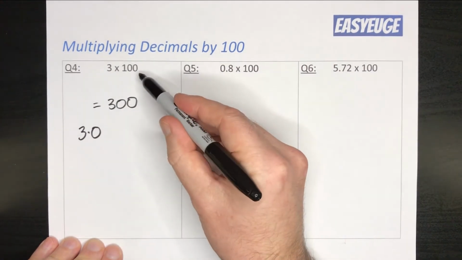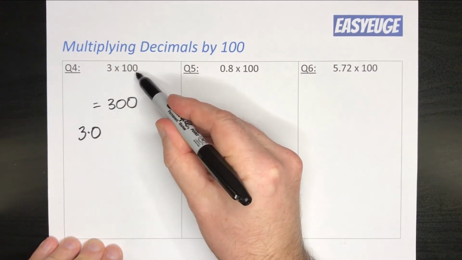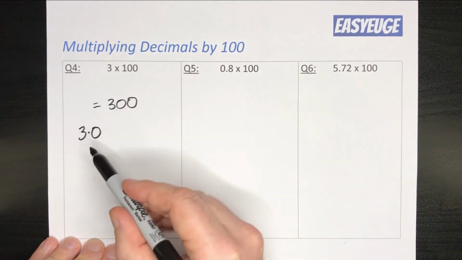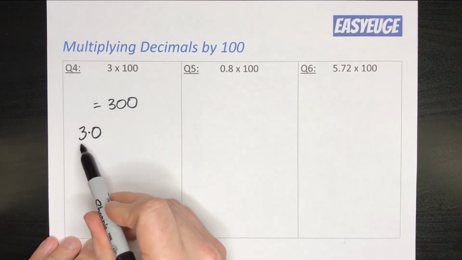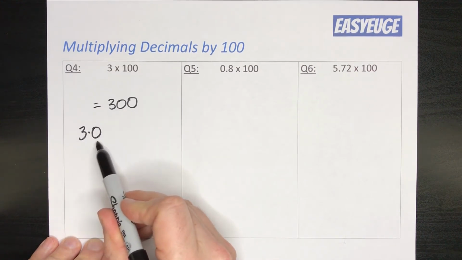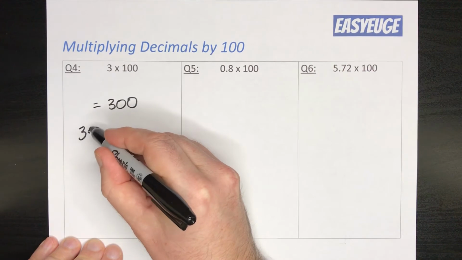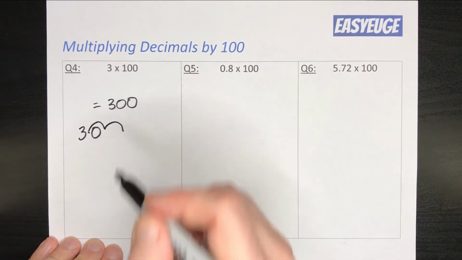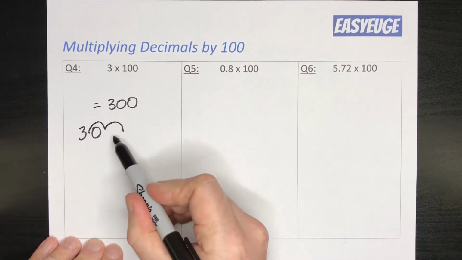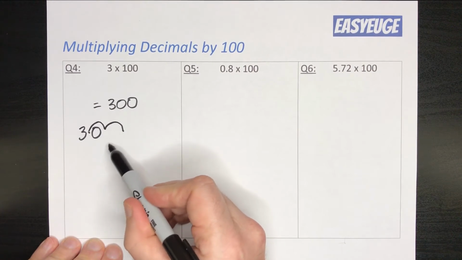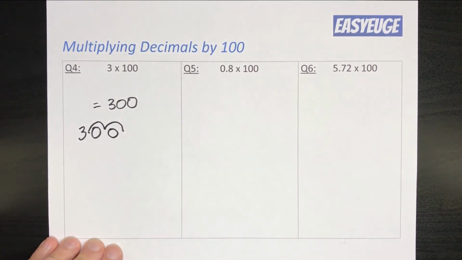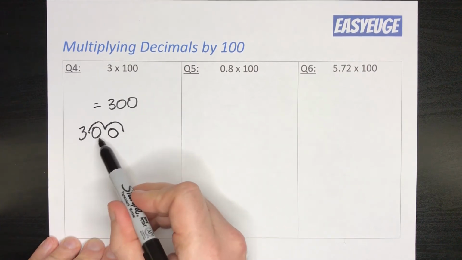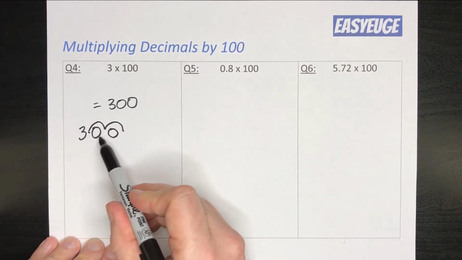So when we multiply by 100, you can see there's 2 zeros. We can move that decimal point 2 places to the right. So let's take the number 3.0, and we'll move it 1, 2. Now you'll notice we jumped over empty space here. So that's the same as having a 0 in there. So 3.0 is the same as 3.00.